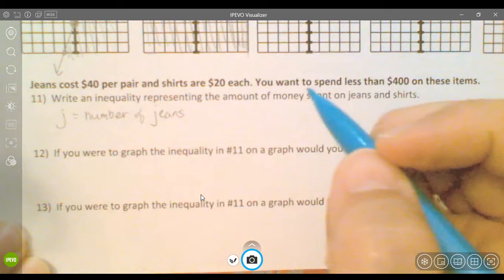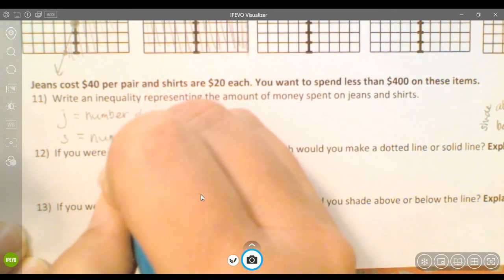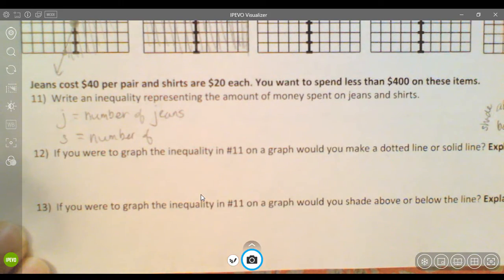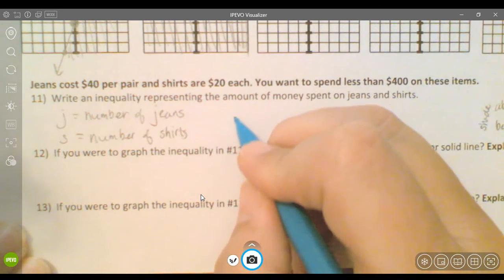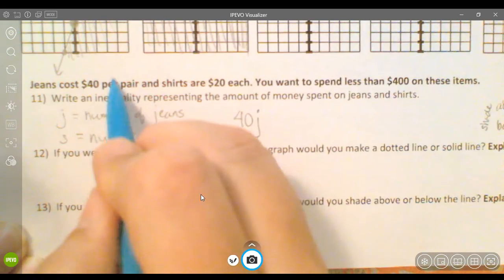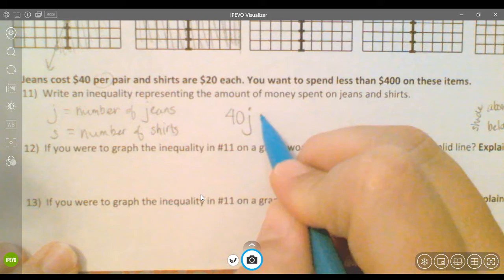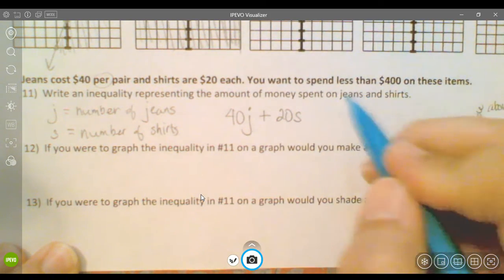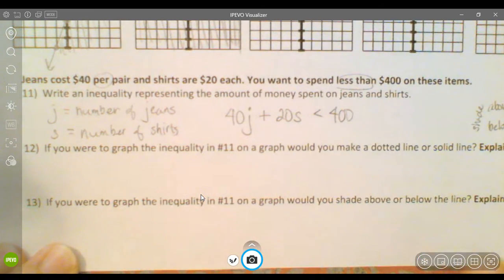And then shirts, again, I have to use S. I should just use F for flannel or something. Number of shirts. So it's $40 per pair of jeans. Remember, per means multiply. Darn, that stuff is following us everywhere. And we put it together with 20 shirts. We want to spend less than $400.